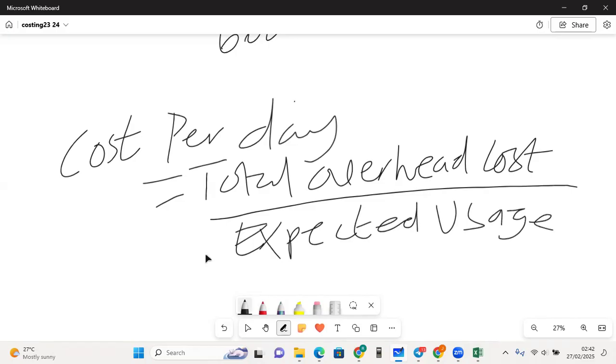Sometimes they can give you the usage in months, and you have to convert it to days, right? If they give it to you in months, just assume that all the months have 30 days.